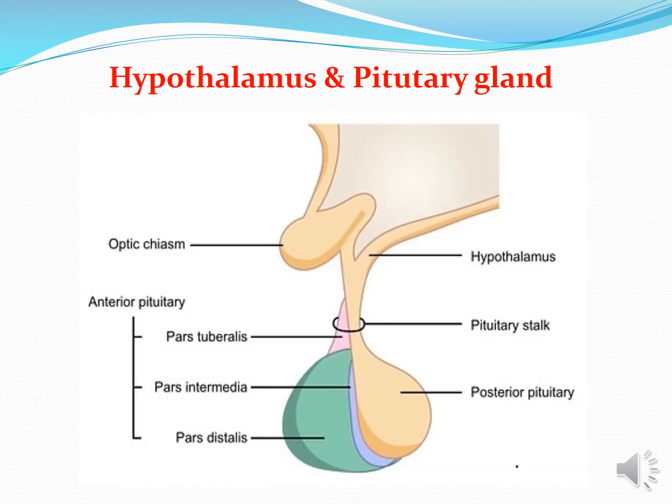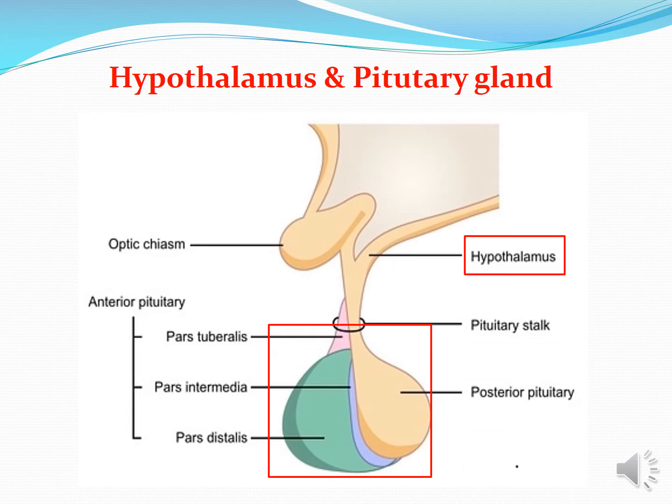This is the structure of the hypothalamus and pituitary gland. Almost all secretions of the pituitary gland are controlled by either hormonal or nervous signals from the hypothalamus.